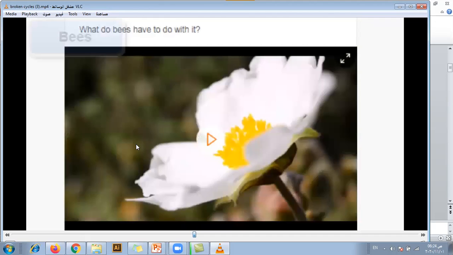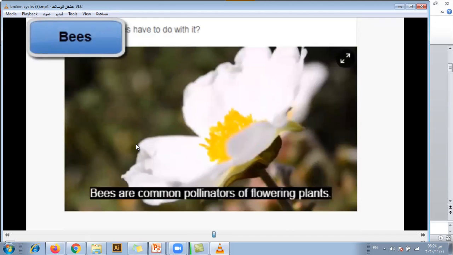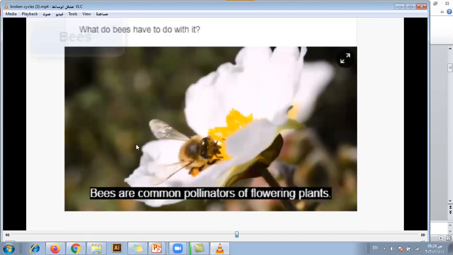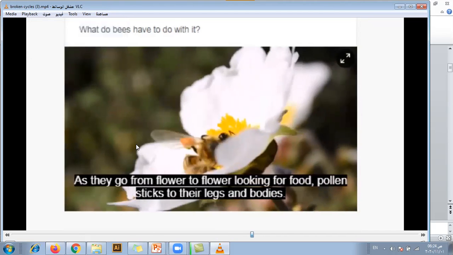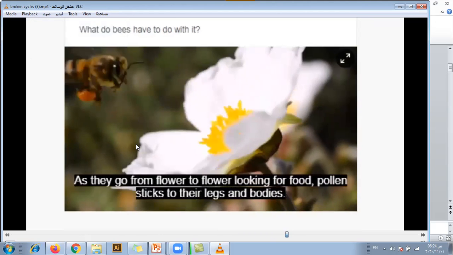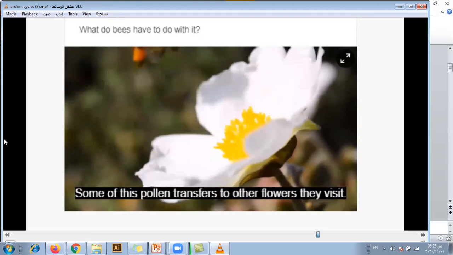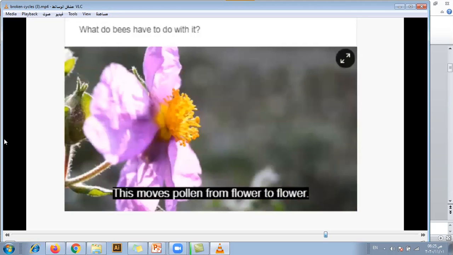Also bees. As you know, bees are very important as they are common pollinators of flowering plants. They go from flower to flower looking for food, and pollen sticks to their legs and bodies, and they move it to other flowers to make the seed, from the daddy flower to the mommy flower.